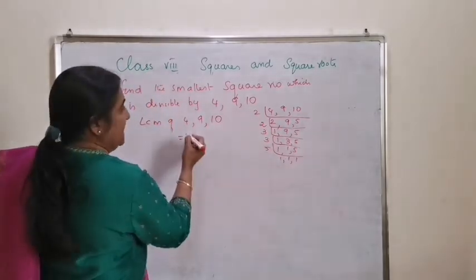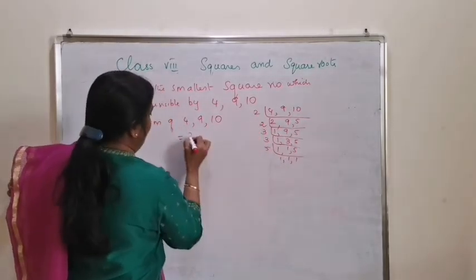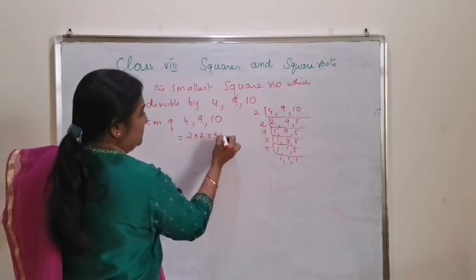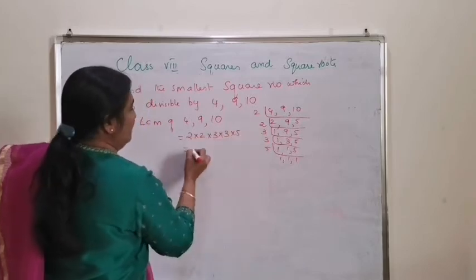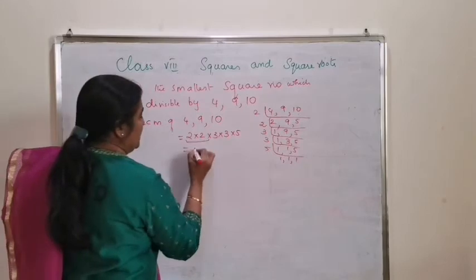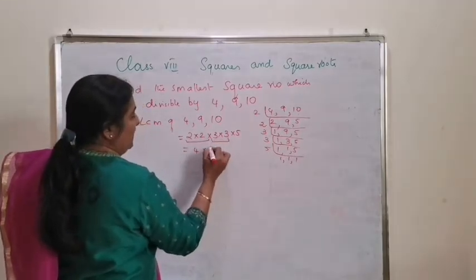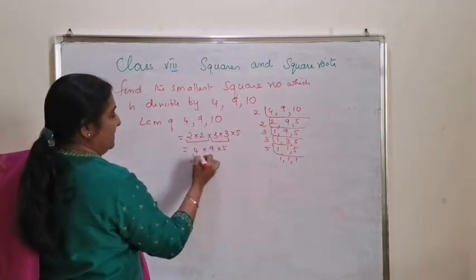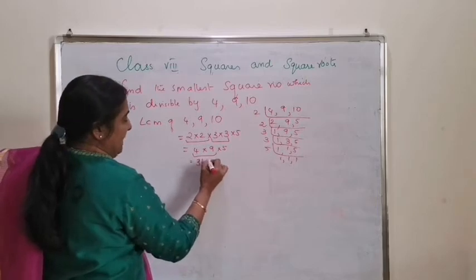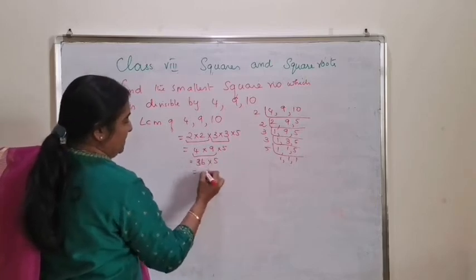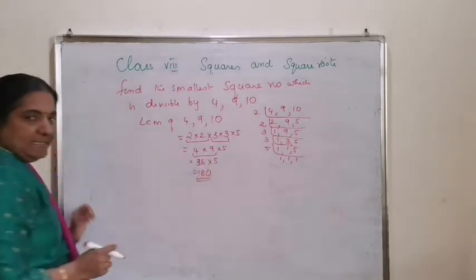The LCM is 2 into 2 into 3 into 3 into 5. 2 2s are 4, 4 into 9 is 36, 36 into 5 is 180.